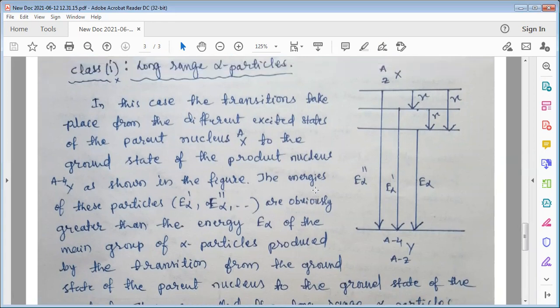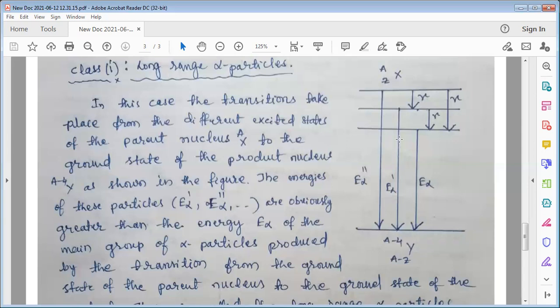So you can see here, these are the different discrete energy states, or energy levels, of the parent nucleus, and this is the ground state of the product nuclei. So many transitions are taking place from these discrete states to the ground state of the product nucleus.